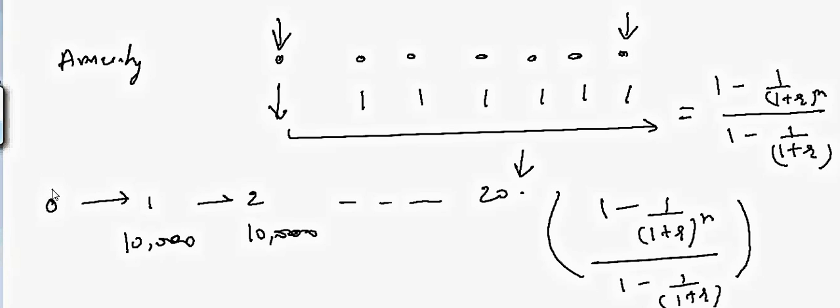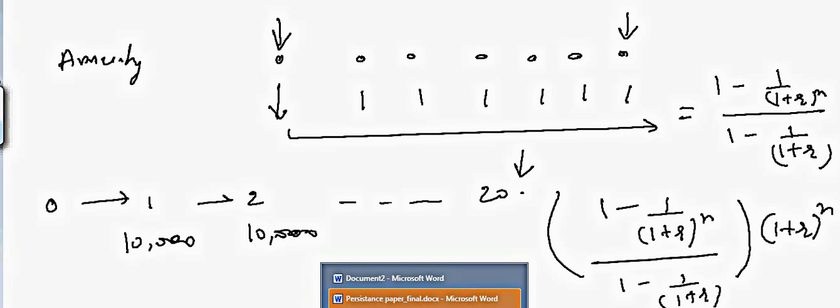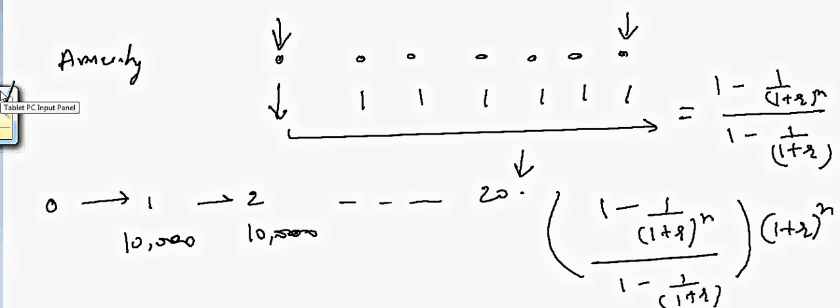So we multiply this by 1 plus r raised to power n, and that will be the future value of the annuity, the future value at the end of the period.